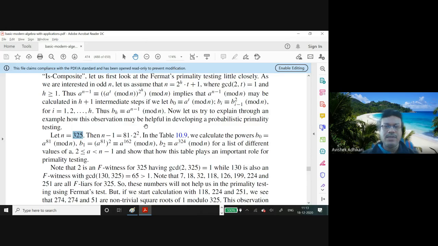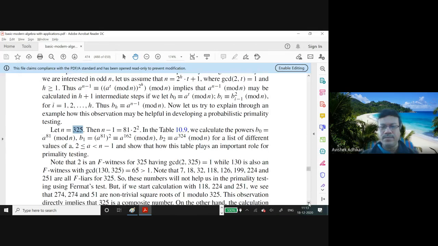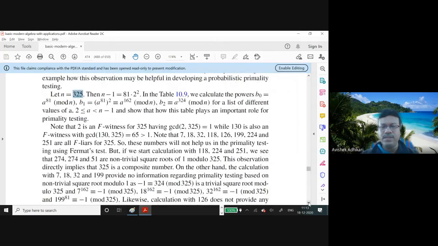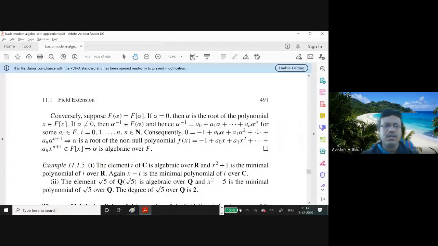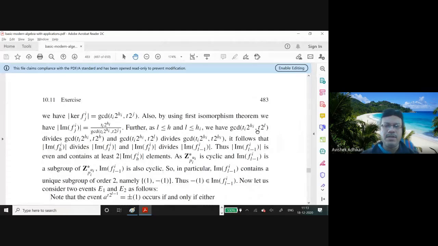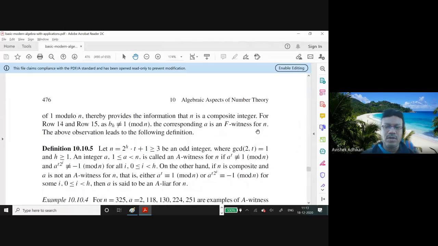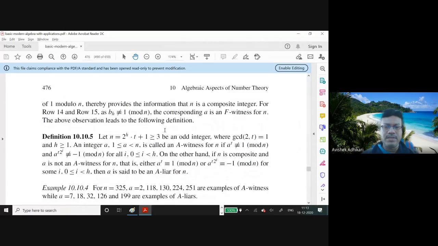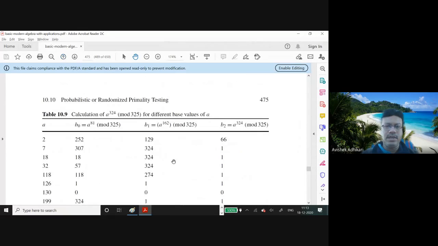Okay, so that's the basic idea. Now we'll consider a table, and using that table we'll be able to help you understand what is exactly happening here. Let's see where that table is. Yeah, so this is the table.